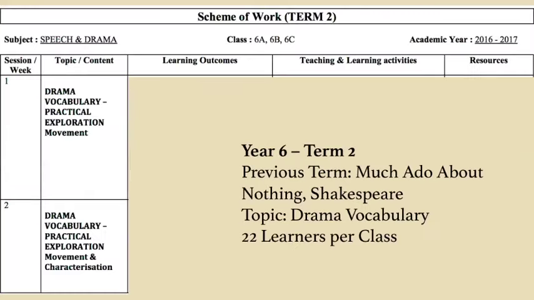The next column that we're going to look at is the topic of each class. So in week 1, we're looking at the topic of movement. And because they've done movement in Shakespeare, when we studied Much Ado About Nothing, the term before, this is just like to get into the motion of using movement and describing movement in vocabulary terms for drama.